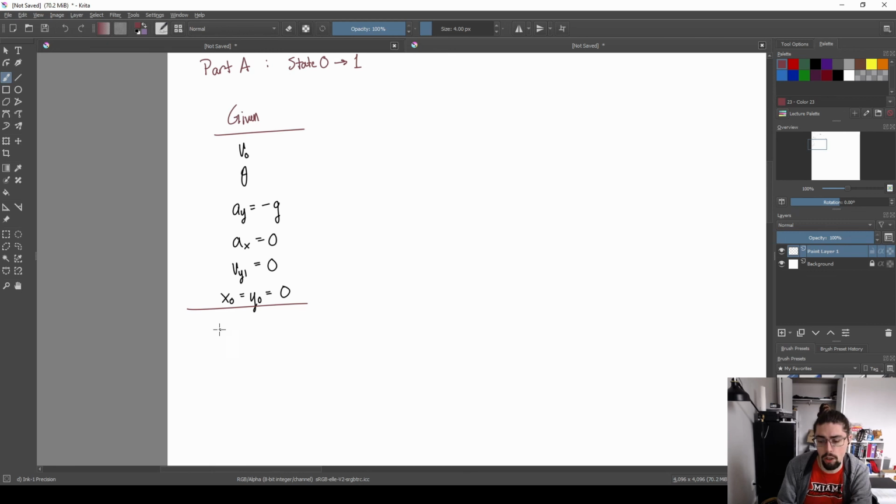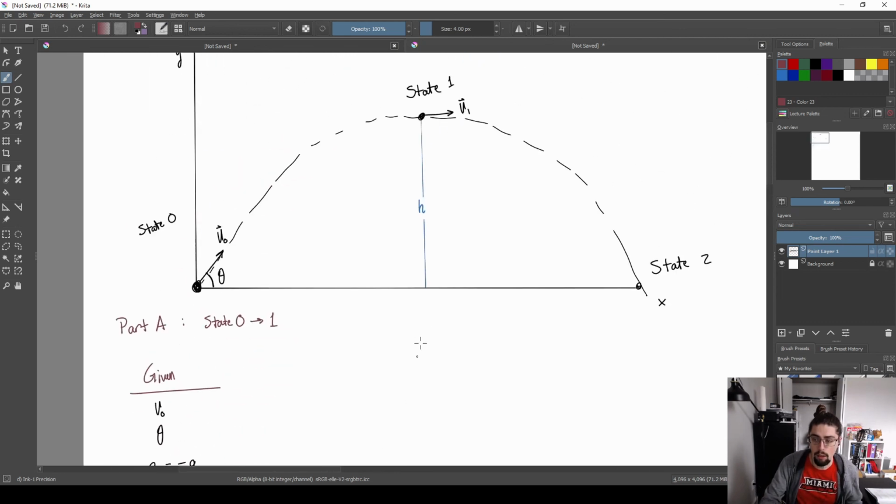I could also argue that my initial velocity in x and my initial velocity in y are equal to v0 cosine of theta and v0 sine of theta. Both of those things are things that I technically know, but I'm writing them out like this because these are not variables that I am given, in a sense, but they are variables that if I see them in my equations, I know exactly what to do with them. Vy1 is my velocity up here at the very top.